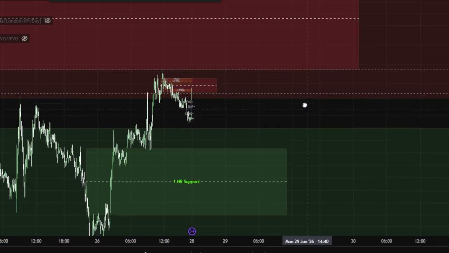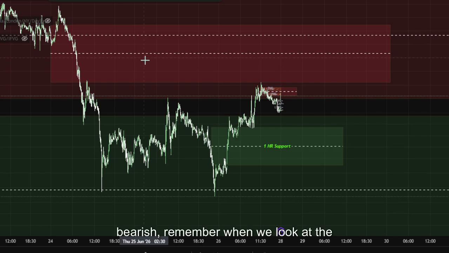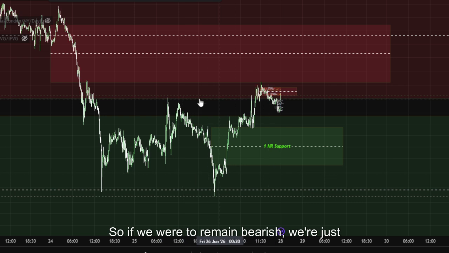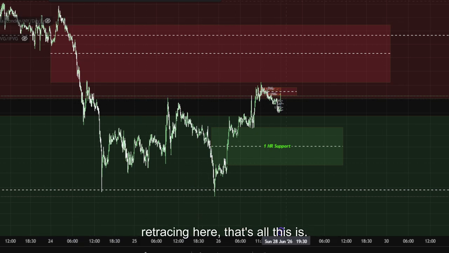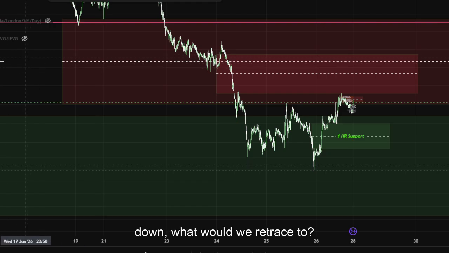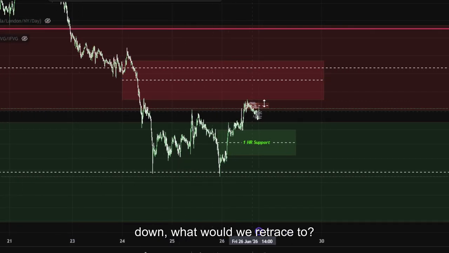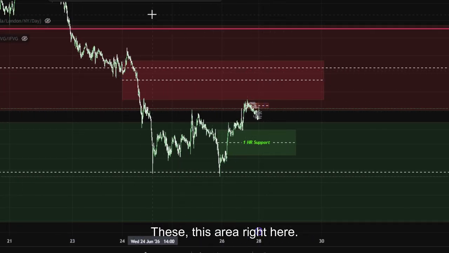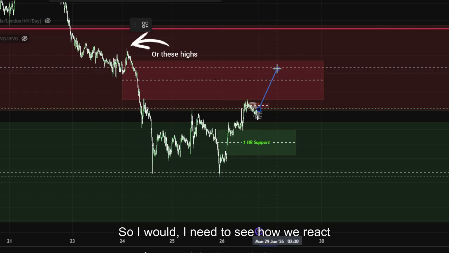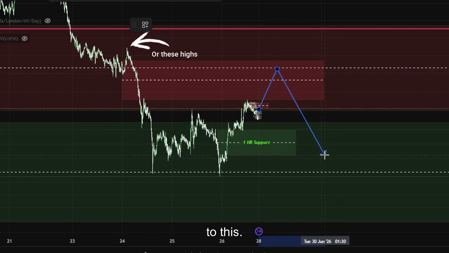Like, what if I'm bearish? Remember, when we look at the daily, the whole trend is a very bearish trend. So if we were to remain bearish, we're just retracing here. That's all this is. We're retracing prior to a continuation down. What would we retrace to? This area right here. So I need to see how we react to this.